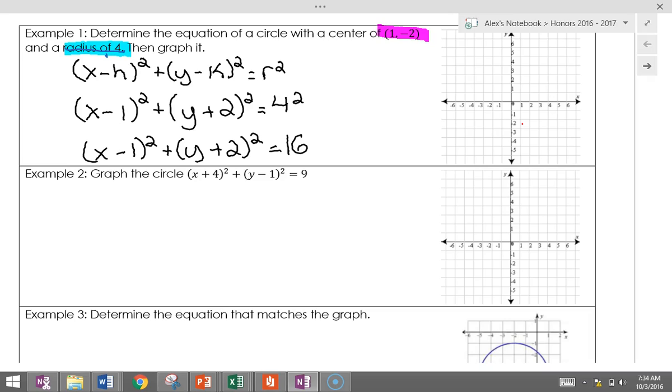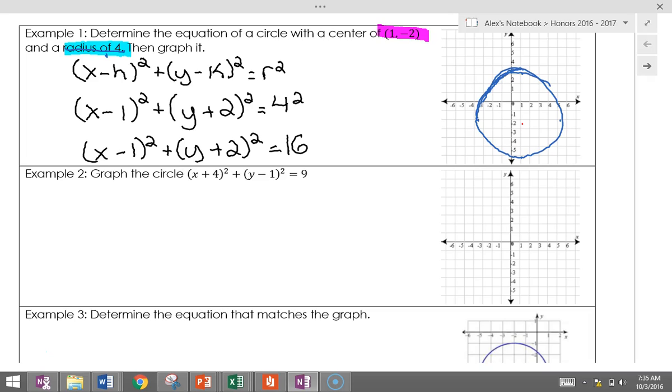So 4 units right, 4 units up, 4 units left, and 4 units down. Connect those points. I should be able to see that those points are 4 units away from that center.